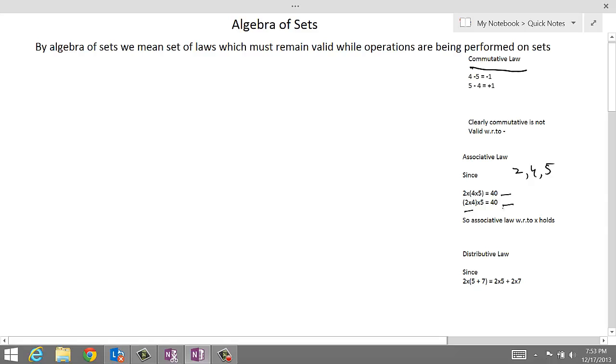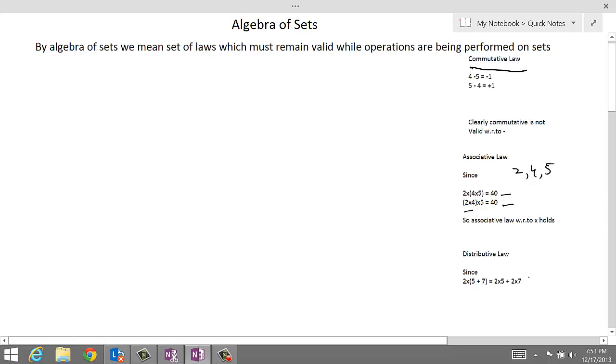You can see that the answer is the same in both cases. It doesn't matter whether we multiply the last two numbers first and then multiply with the first, or we multiply the first two numbers and then multiply with the third. The answer is still going to be the same. So we say that associative law with respect to multiplication holds.